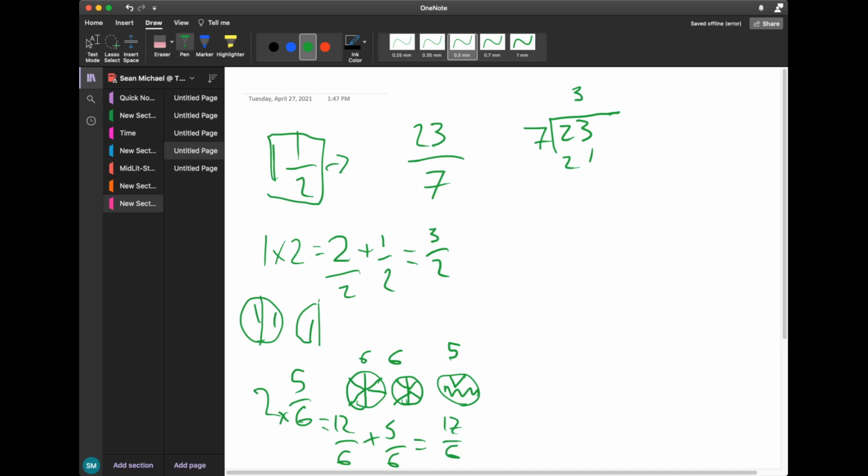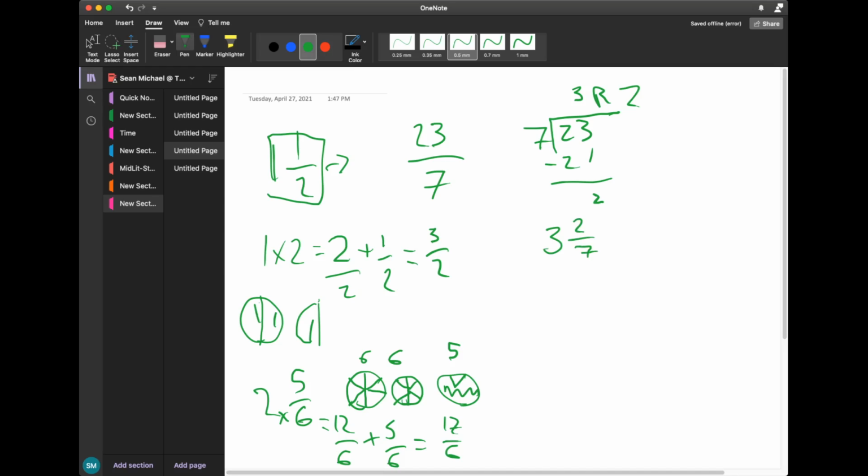And that'll be 21 minus, and so you see why division and multiplication is really good, because if you can figure this out quickly, it's going to save you time throughout all the math that we do in the future. So this will give you 2, and so we're left with a remainder of 2, and so we know that we have 3 and 2/7 left. And voila, there you go.